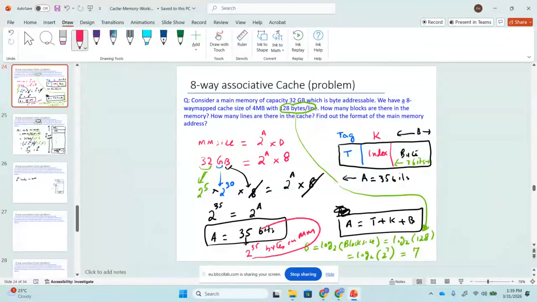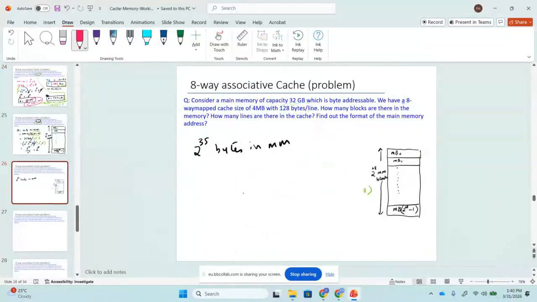If there are 2 to the power 35 bytes in main memory, how will that work here? Going by byte size, this is byte 0, then byte 1, and so on until byte number 127. Why 127?